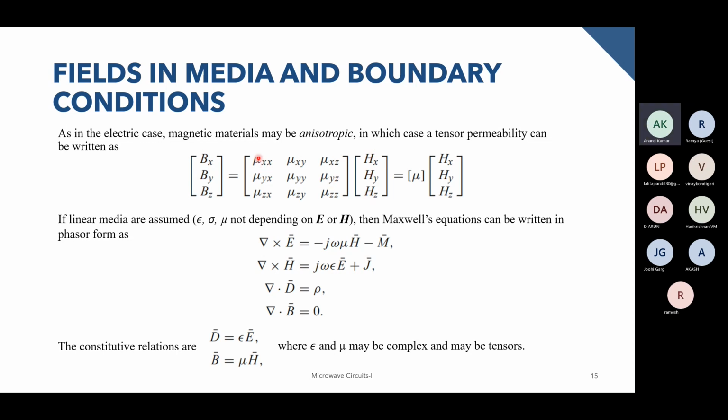If this reduces to a diagonal matrix with these values the same, it becomes an isotropic medium. Hence, these are the Maxwell's equations that we have defined, and over here, mu and epsilon are the complex permeability and permittivity.